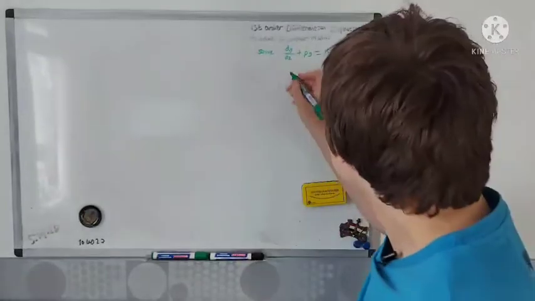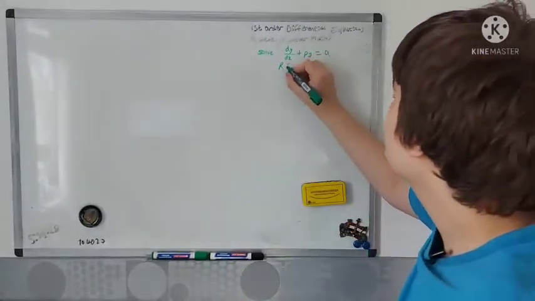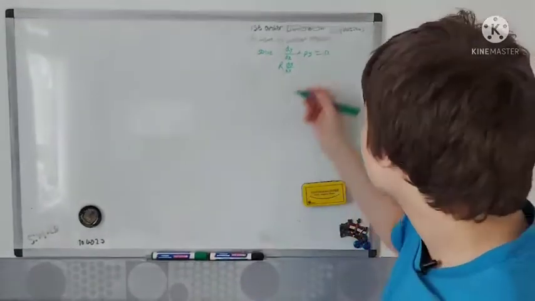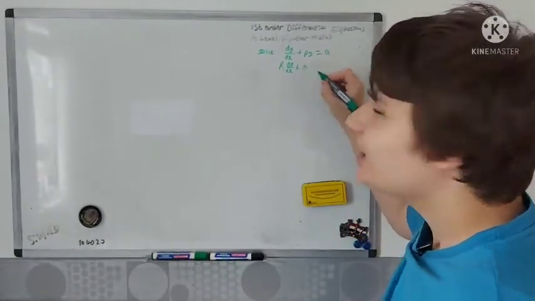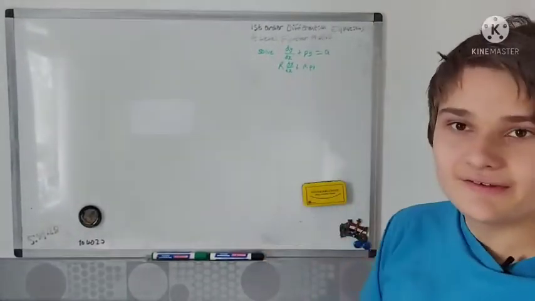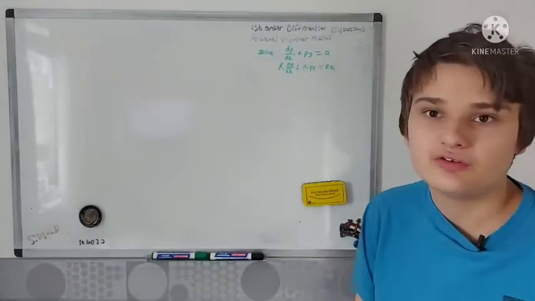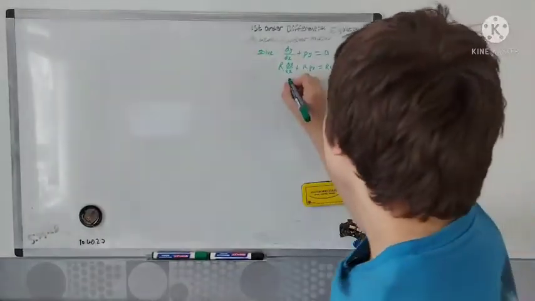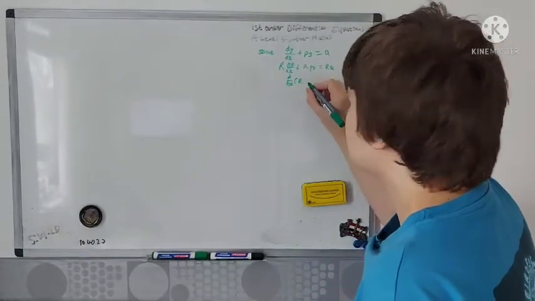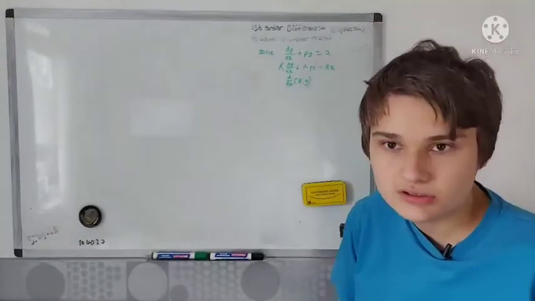So I'm going to say r dy by dx plus r times p times y. Now what's going to happen here? Well, the r times the q will happen over here as well. So this is just d by dx of r times y.